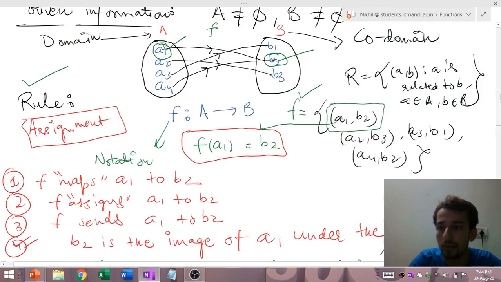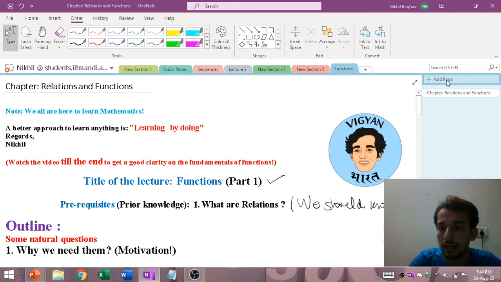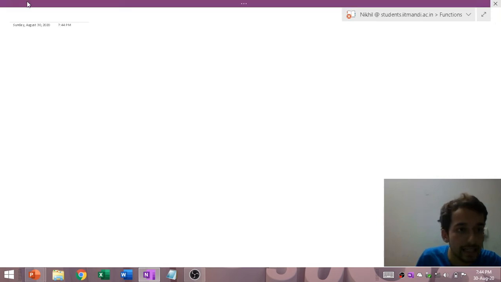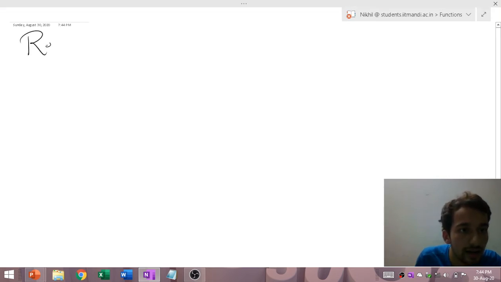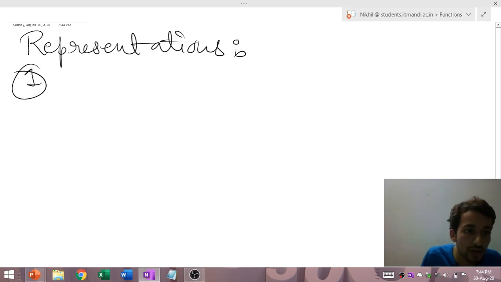Let me now add a page. What are the possible ways of representing a function, the representations which we are interested in understanding? The first is by an equation.